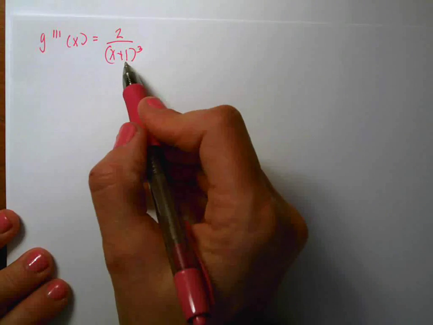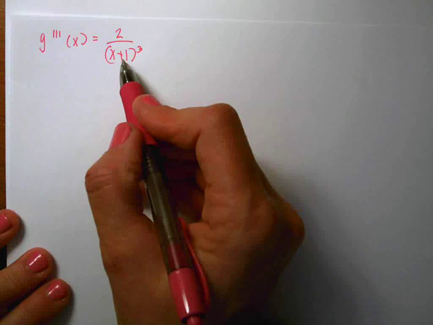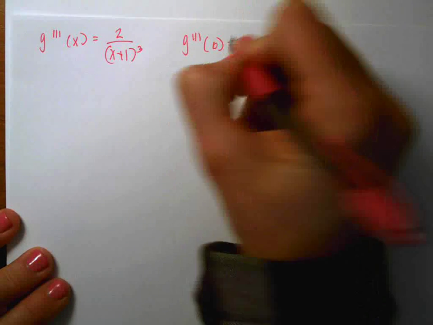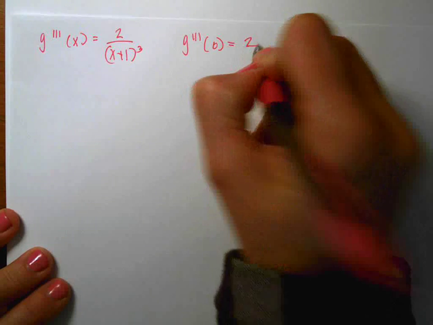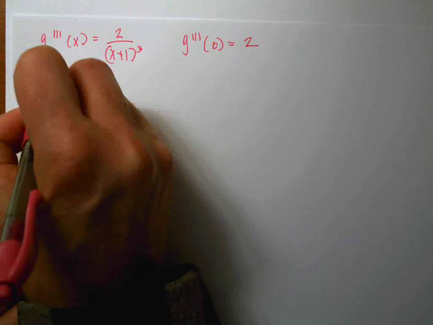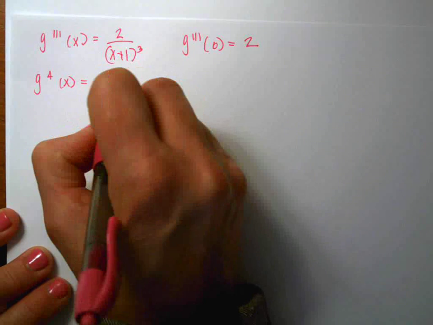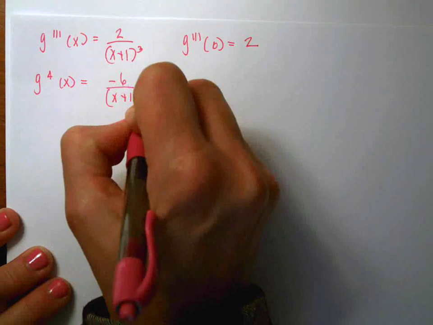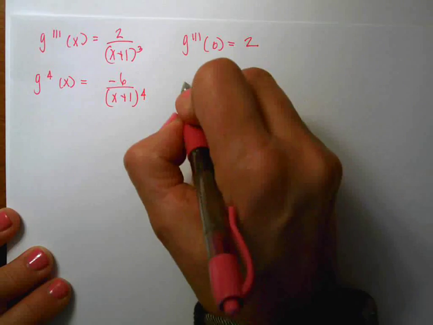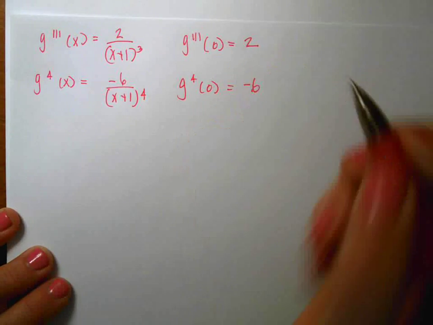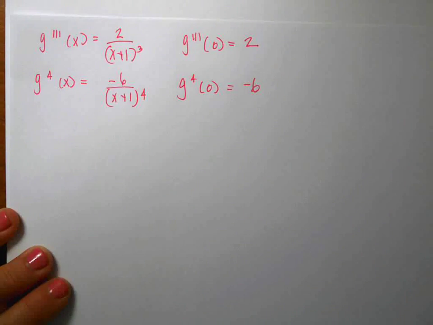So I just am writing this because I think it's easier when we substitute our values in. And then when I do the third evaluated at 0, I get 2. And then the last one, the fourth derivative, is going to equal a negative 6 over x plus 1 to the fourth. And then my fourth derivative evaluated at 0 is a negative 6.